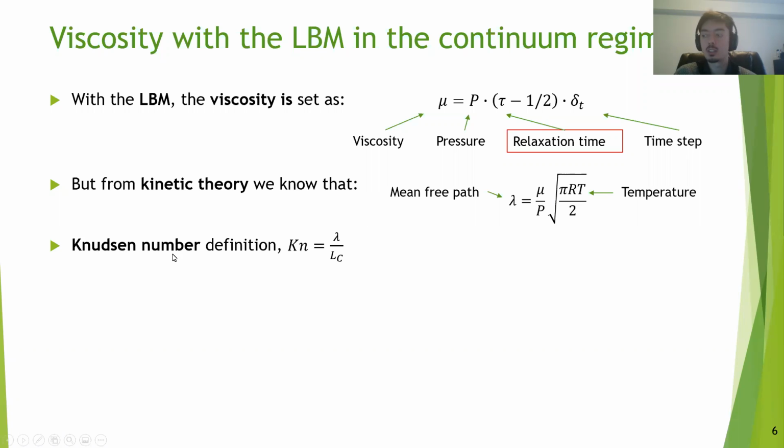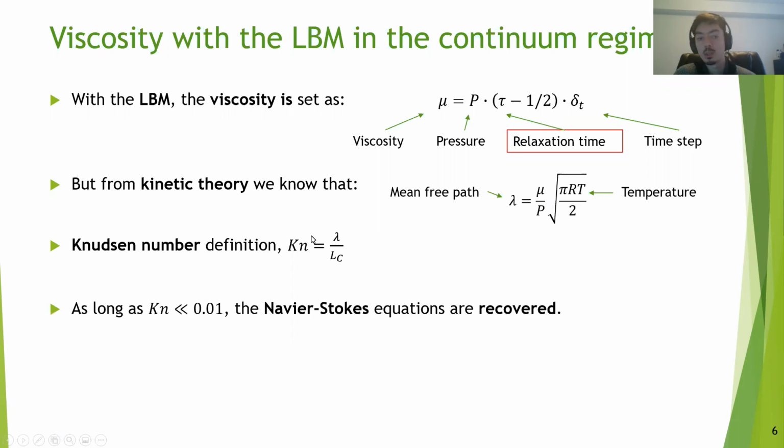Recalling the definition of the Knudsen number, that is the ratio of the mean free path to the characteristic length of the geometry, we know that as long as the Knudsen number is below 0.01, the Navier-Stokes equations are recovered. So the actual value of the mean free path does not matter to recover the Navier-Stokes equation without slip. And so we usually set tau equals 1 in the continuum regime for that reason.